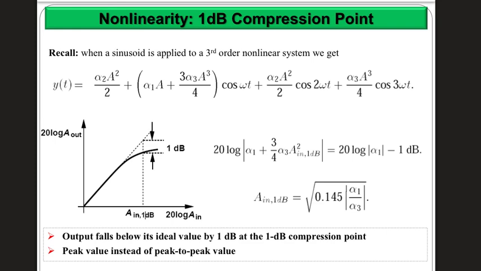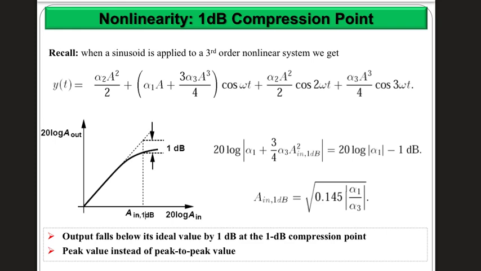From that, what we are concerned with is what's happening at our fundamental frequency, in terms of the compression. So we assume that we can filter out the harmonics. That's a different effect. Now we want to see what's going to happen to the output signal amplitude as we increase the input signal amplitude.